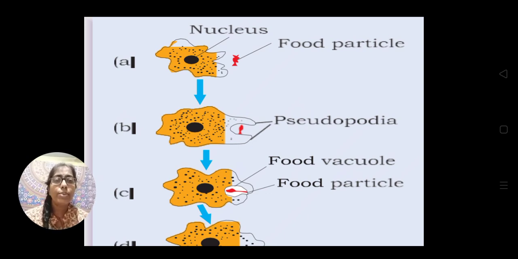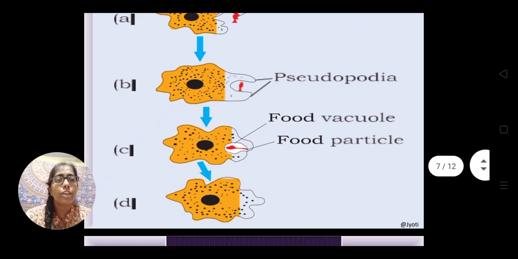Now gradually in diagram C, the two pseudopodia touch each other and enclose the food particle completely, and a spherical structure is formed, called the food vacuole. Now the food along with water is present inside the food vacuole.